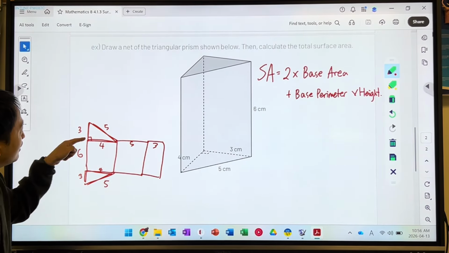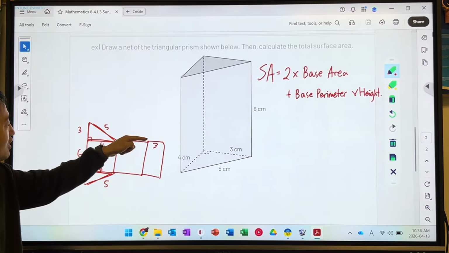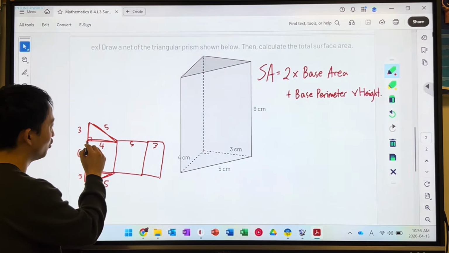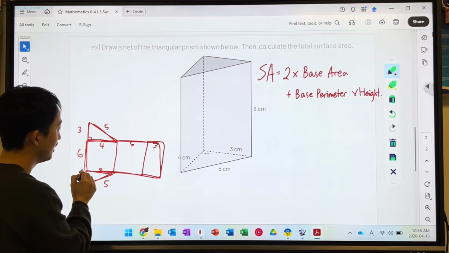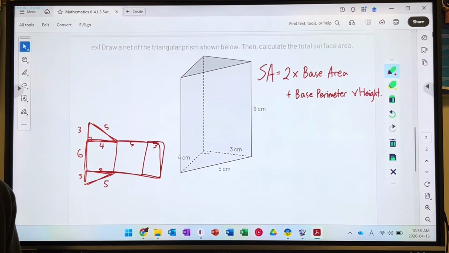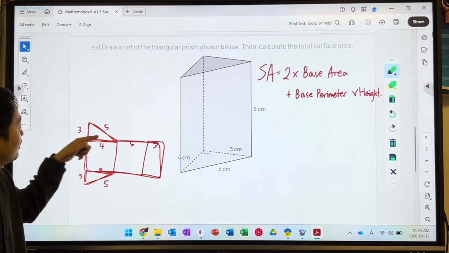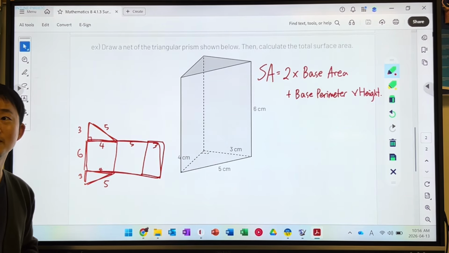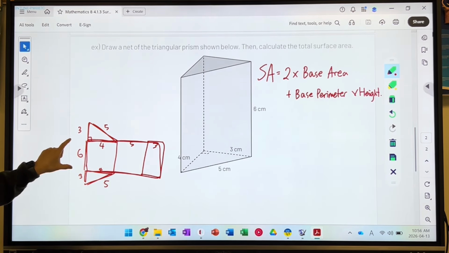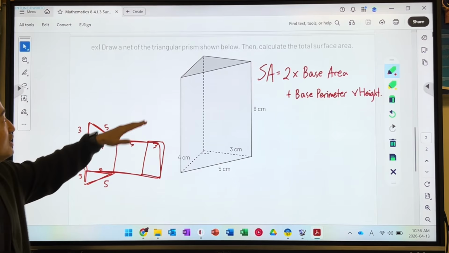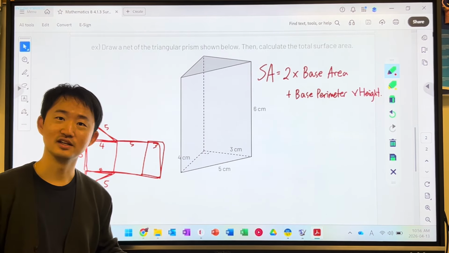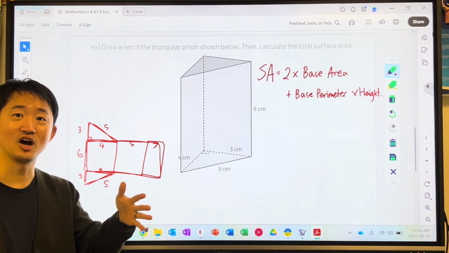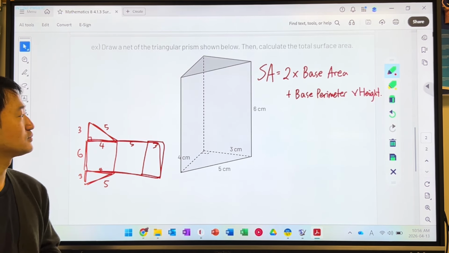And you can imagine that this entire rectangle together, if you imagine that as one piece, that is one gigantic rectangle. So therefore, the base perimeter is 3 plus 4 plus 5, 4 plus 5 plus 3, and all together it becomes 12. And the height is the 6 centimeters here. The height of the prism is defined as the distance between the top and the bottom face.